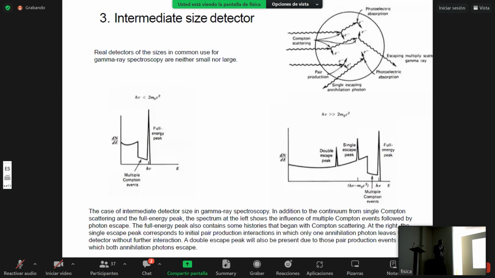For example, one gamma ray can immediately be absorbed through the photo effect. But at the same time, there is a high probability, for example, to have a Compton scattering. In this case, your gamma ray scatters and can leave the detector, or it can scatter again, for example.